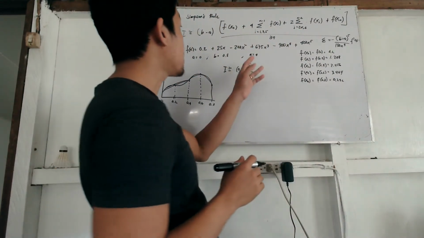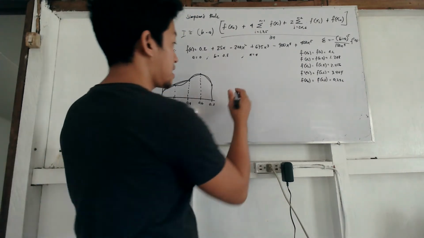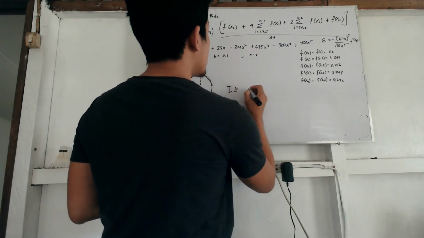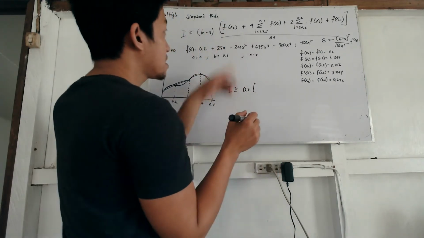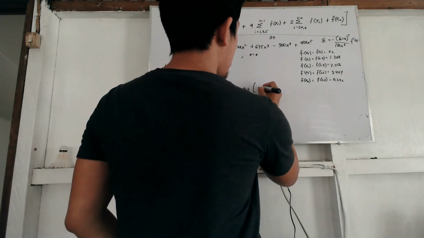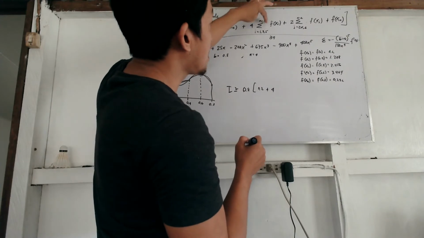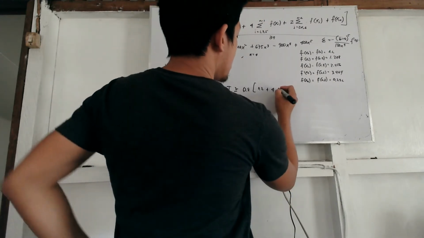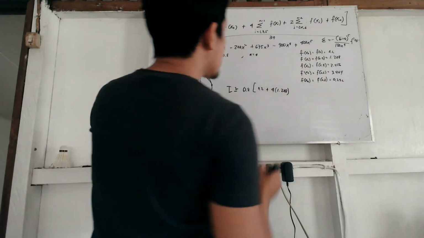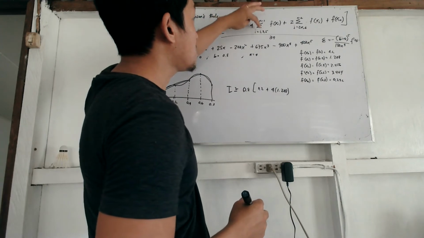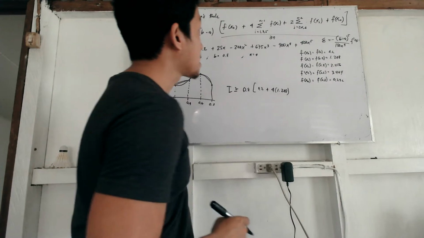Okay, so let's plug in these values. So I is 0.8 times f of 0, which is 0.2, plus 4 f of x1. So x1 is 1.288. Since this is an odd number, we apply it to f of x sub 3.